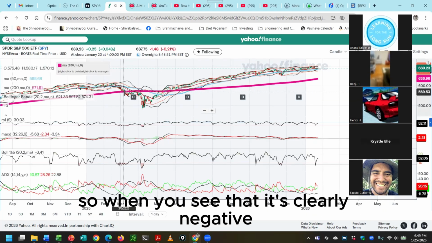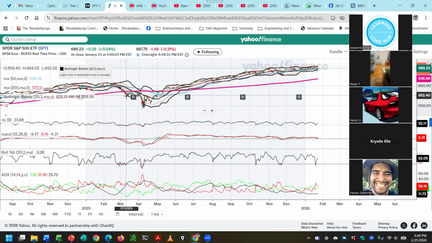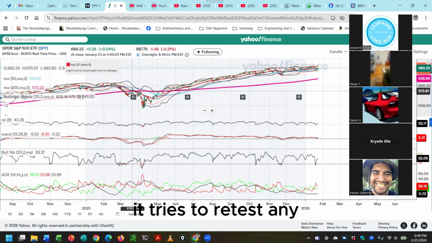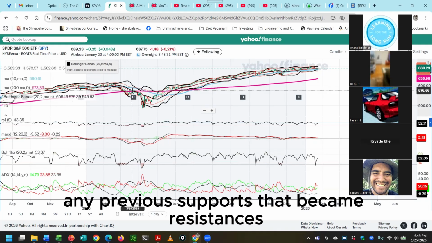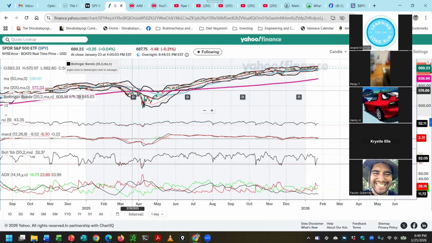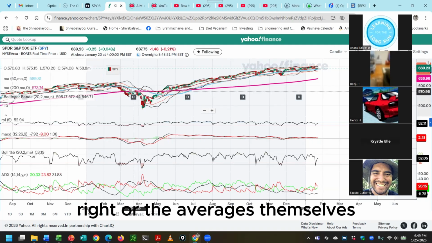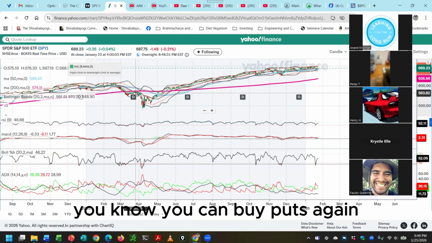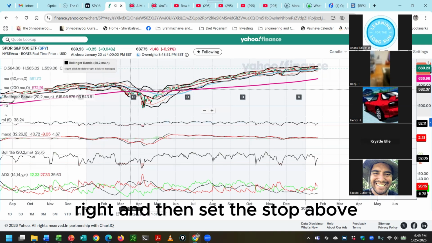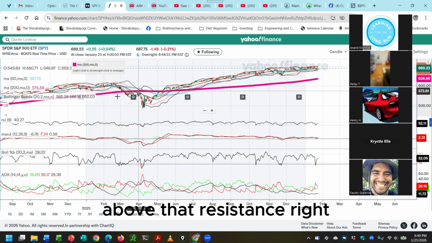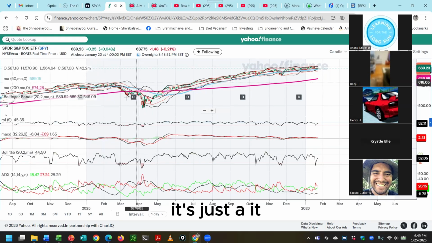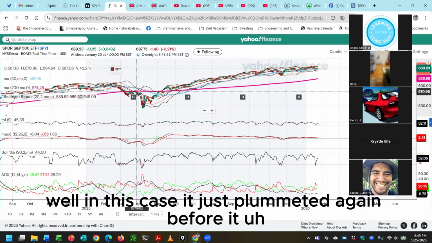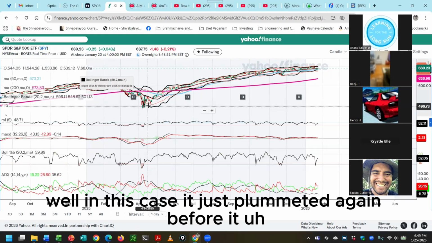So when you see that it's clearly negative, you can buy whenever it tries to retest any previous supports that became resistances, or the averages themselves. If it goes back and hits the 21, you can buy puts again, and then set the stop above that resistance, in case it actually turns around. Whereas in this case, it just plummeted again before it started to go back up.